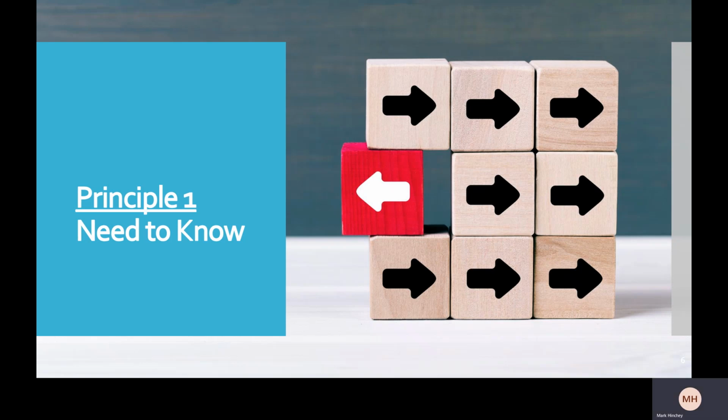Let's look at principle 1, need to know. With the need to know, we have learners that come into South Pacific College, and when they sit before us in any one of the courses that they are enrolled for, they have a need to know. Why are you completing X, Y, and Z? I am an adult.